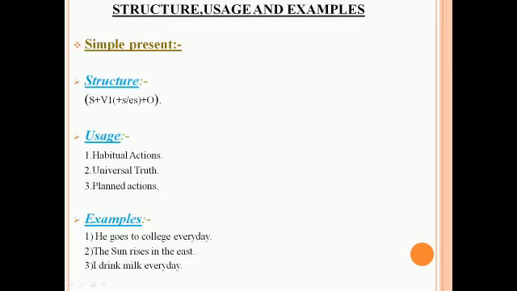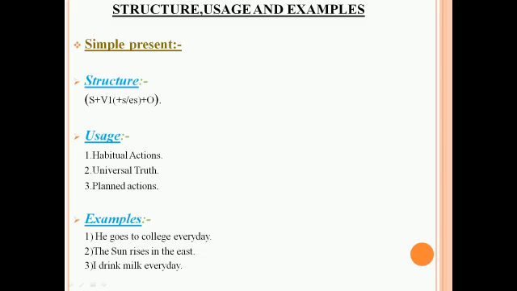First one is simple present tense. Structure of simple present tense is subject plus V1 plus S or ES plus object. I wrote S or ES in brackets because we use V1 plus S or ES only when the subject is in third person singular.